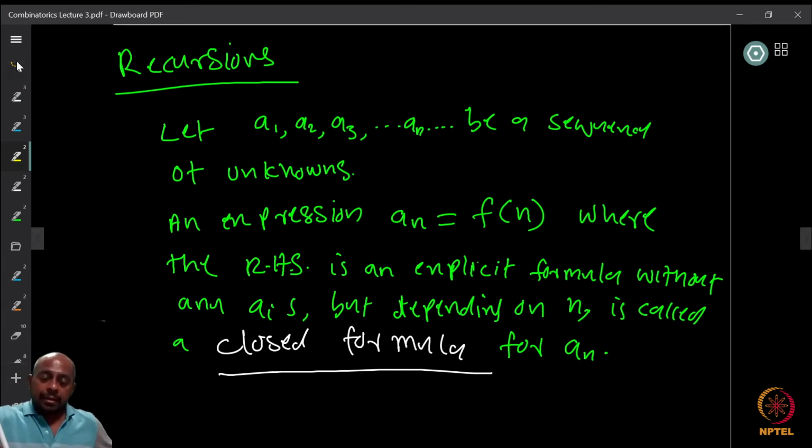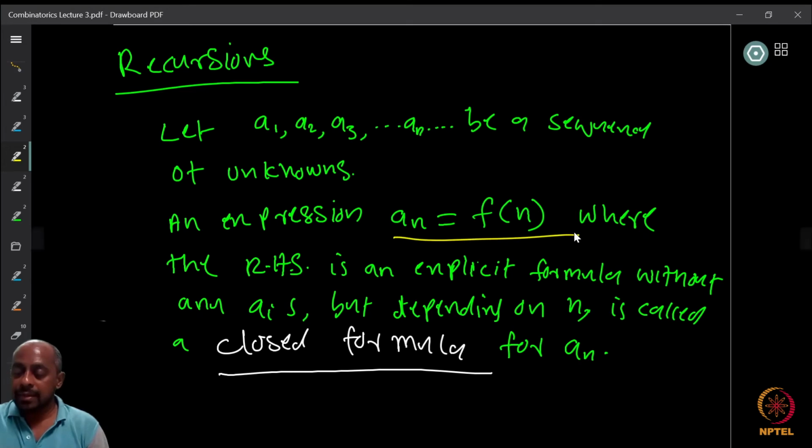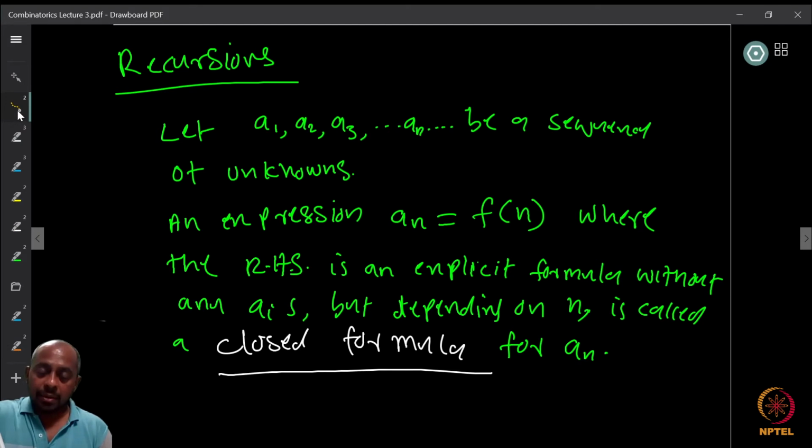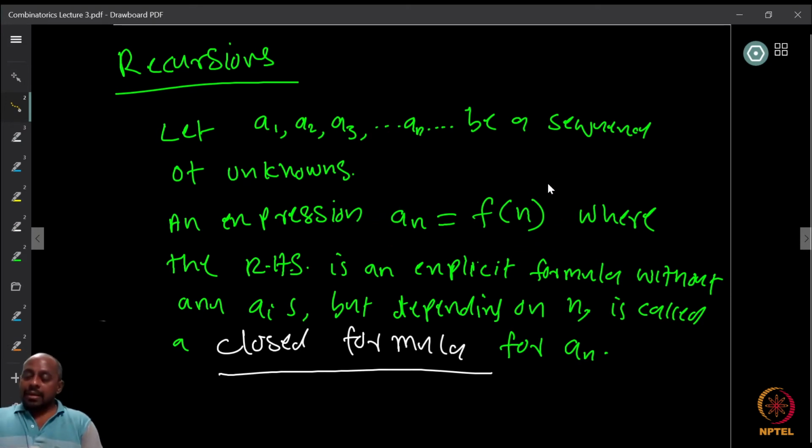Suppose I write a_n = f(n), where the right hand side expression does not depend on any of the a_i's, but it can depend on n.